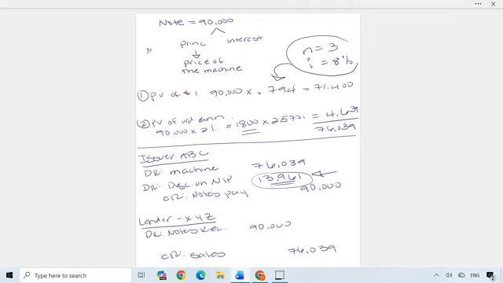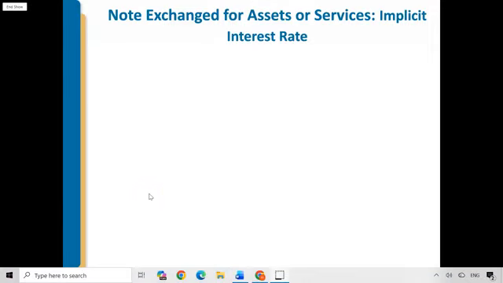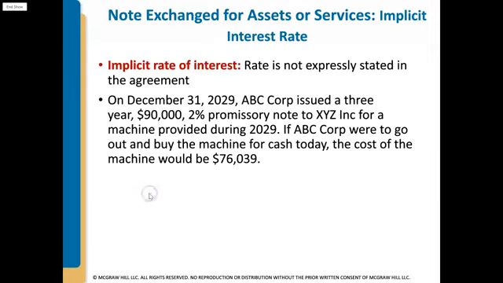And then the difference on their end is going to be called discount on notes receivable for $13,961. That's a credit.